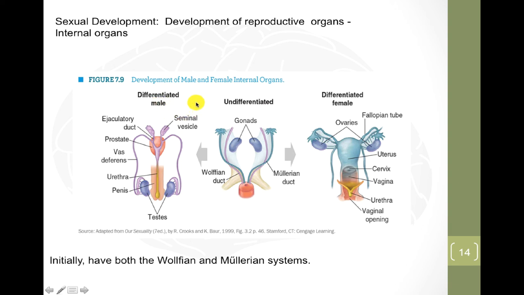Once differentiation happens, then in males, the Mullerian system is inhibited and only the male system, the Wolffian duct system, will develop, leading to the development of testes and a penis and so on. In a differentiated female, the Mullerian system develops, leading to a uterus, a cervix, a vagina, and so on. So the bipotentiality is seen here in that there are two systems in place initially to support the development of both male and female reproductive organs.